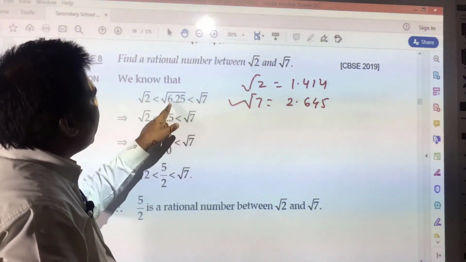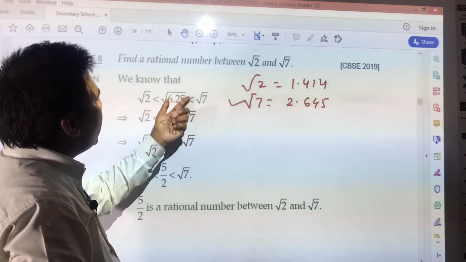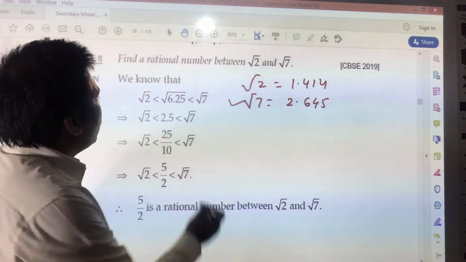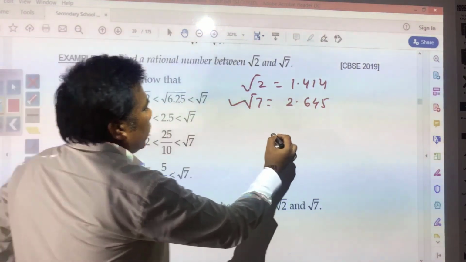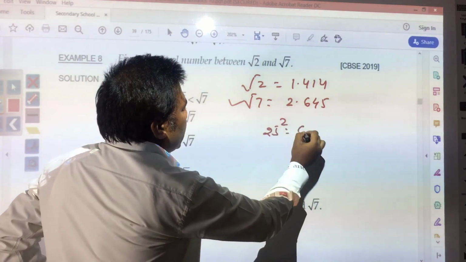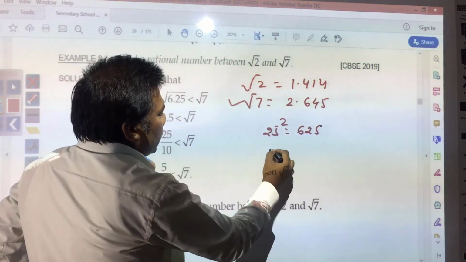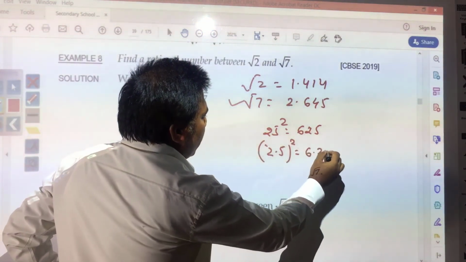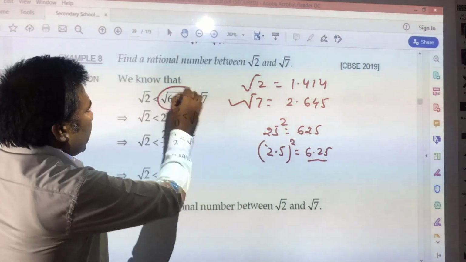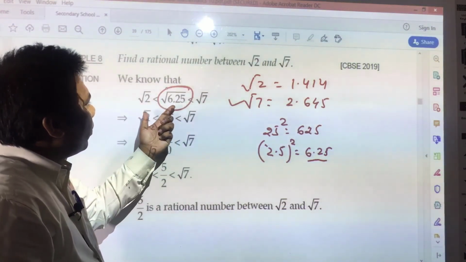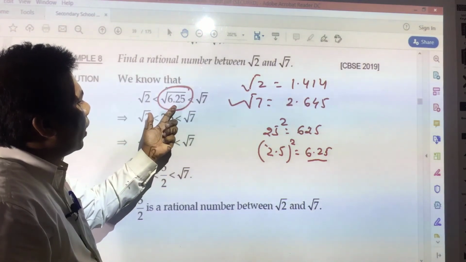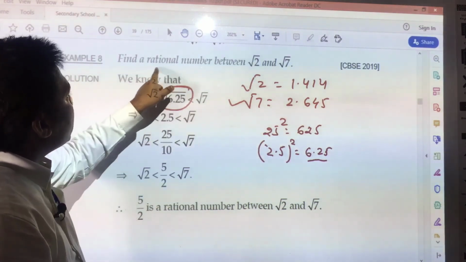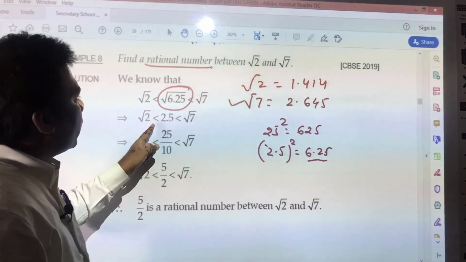We will find a rational number such that it is the perfect square of some number. You know that 25 square is equal to 625, so if you write 2.5 square, that will be 6.25. So you need to find a perfect square number and write it so that you can write the in-between number, because we have to write a rational number here.